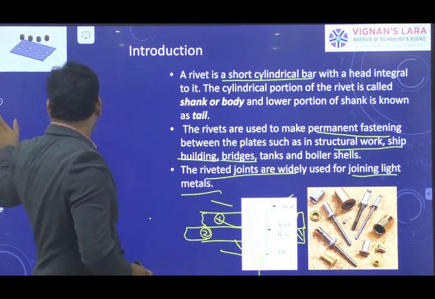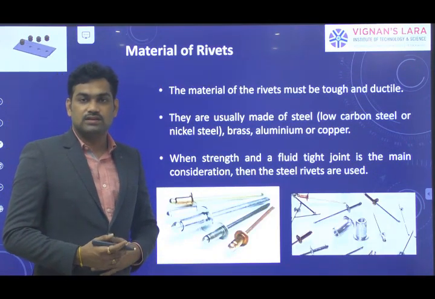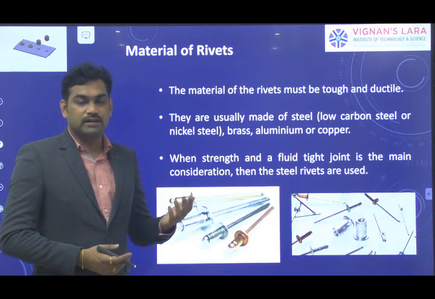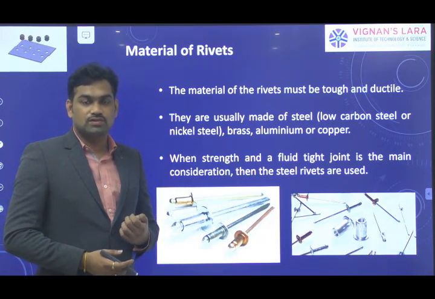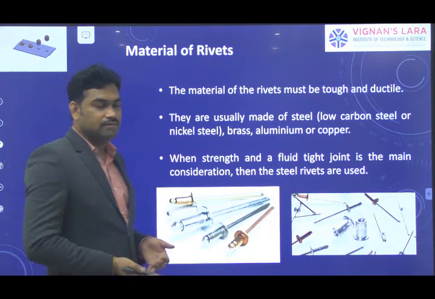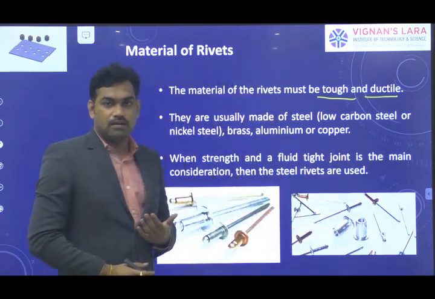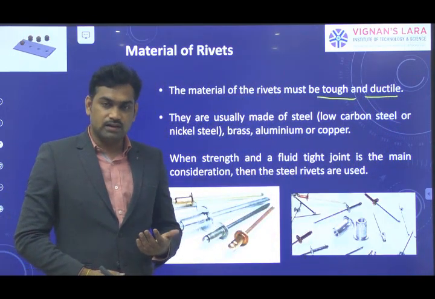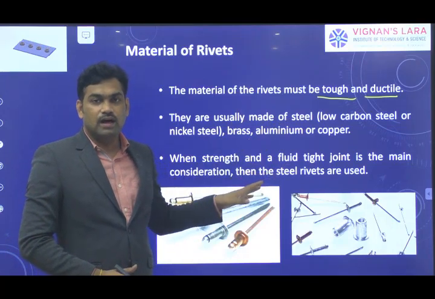Clear? For making riveted joints, the rivets can be made from different materials. The rivets should withstand the maximum load under the loading condition. It should be very tough, and it needs to form another head by means of a hammer blow, so the material should have high ductility as well as a high toughness value.